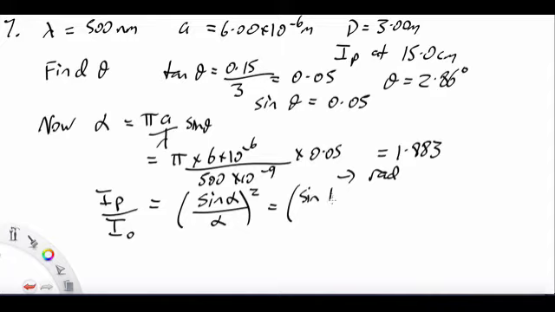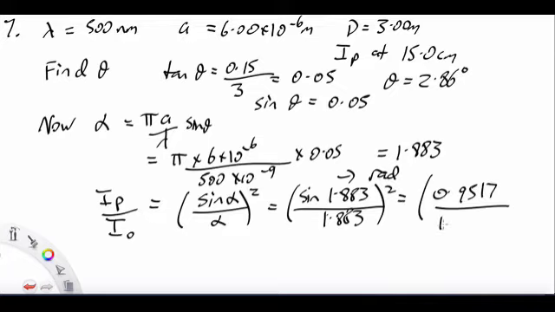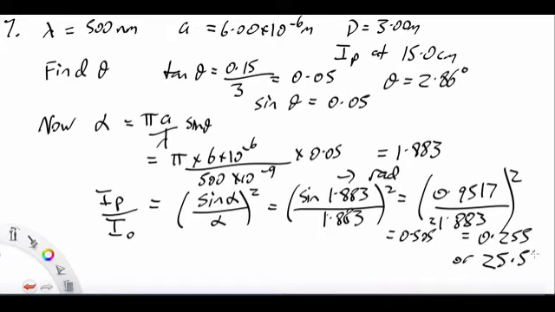So we have sine 1.883 over 1.883, squared, equals 0.9517 over 1.883, squared, which equals 0.505 squared, which is 0.255, or 25.5% of the peak intensity at the centre.